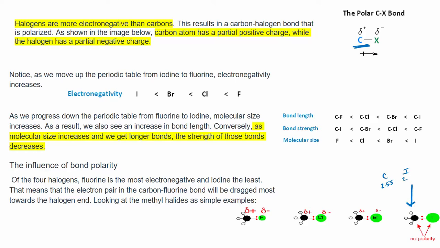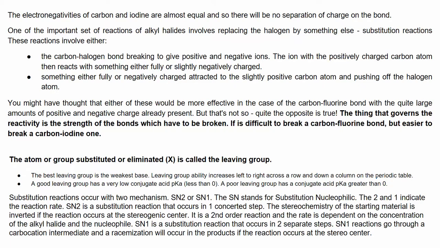So that difference being so small, that actually falls into non-polar covalent bond territory. But that carbon-iodine bond is a longer bond, it's a weaker bond, it's reactive, even though there's no charge separation on that bond.